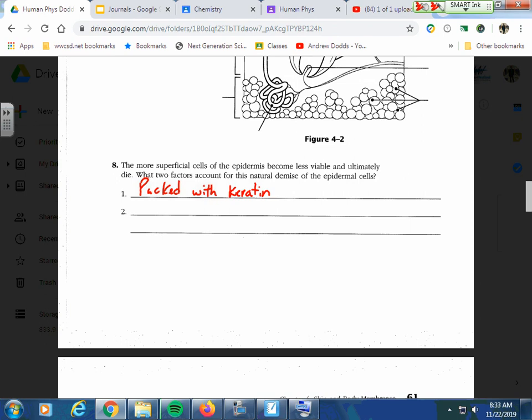The epidermis does not. So as they move up, they move farther from their nutrient source. So that is 7 and 8.